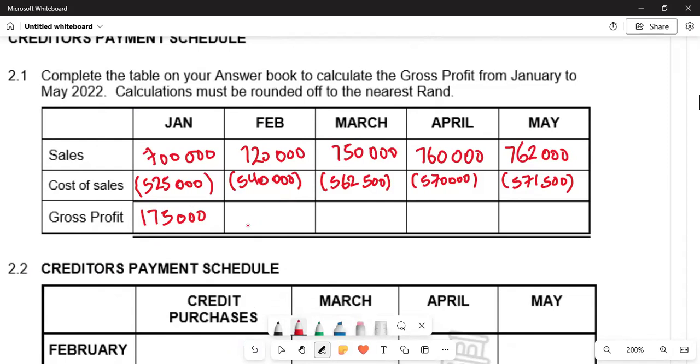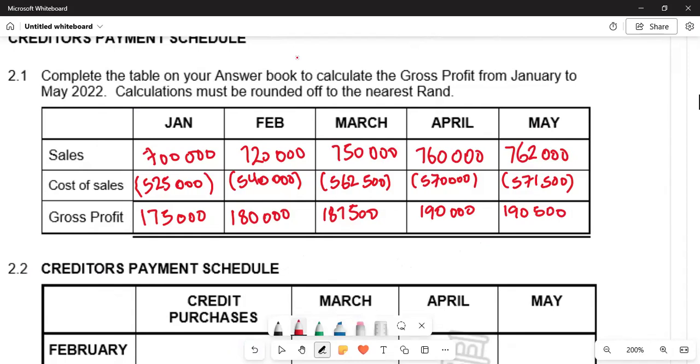Then for February, it will give us 180,000. For March, it will give us 187,500. For April, it's going to give us 190,000, and May is 190,500. So that is how we calculate our profit. Hope we are together on that one.